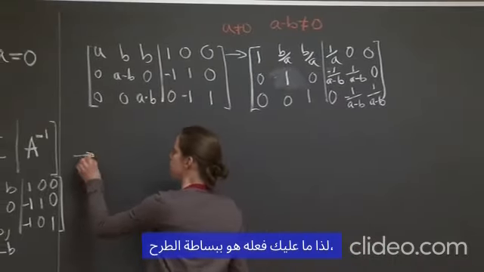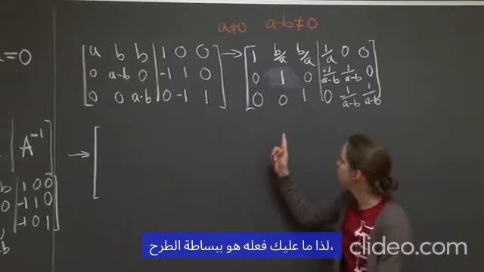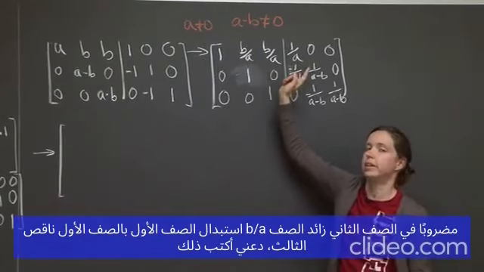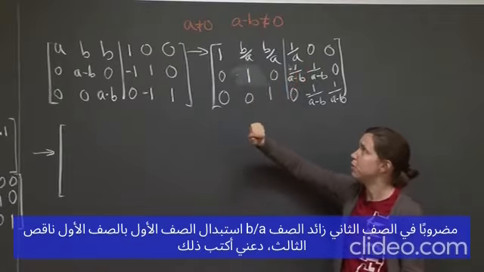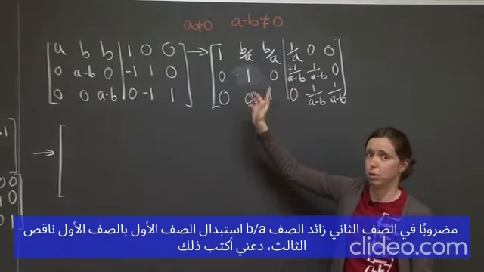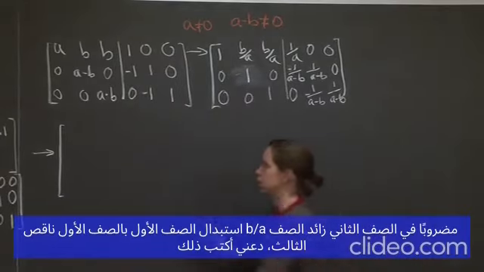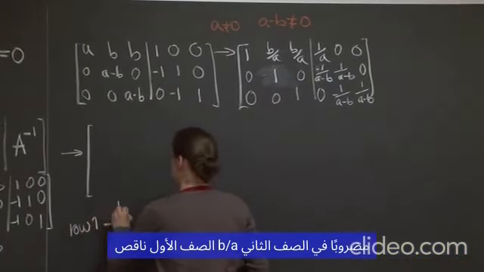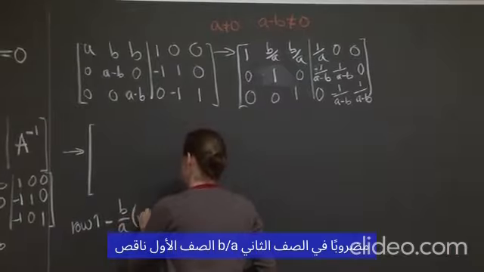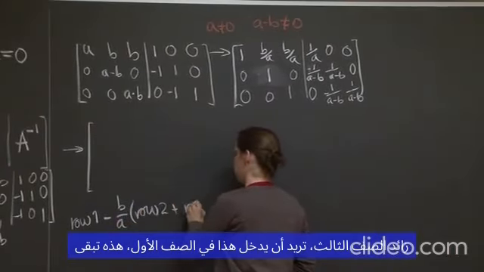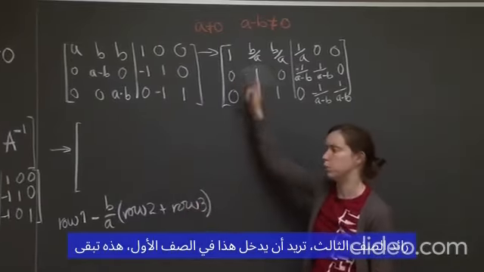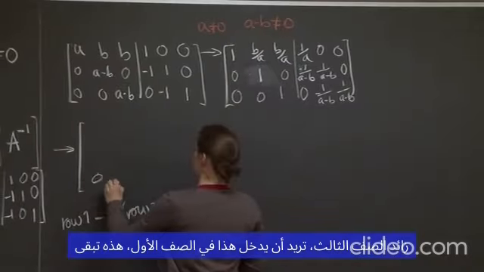So what do you have to do? You just have to replace row 1 by row 1 minus b over a times row 2 plus row 3. Let me write that down. Row 1 minus b over a times row 2 plus row 3. You want that to go into your row 1. These stay the same.